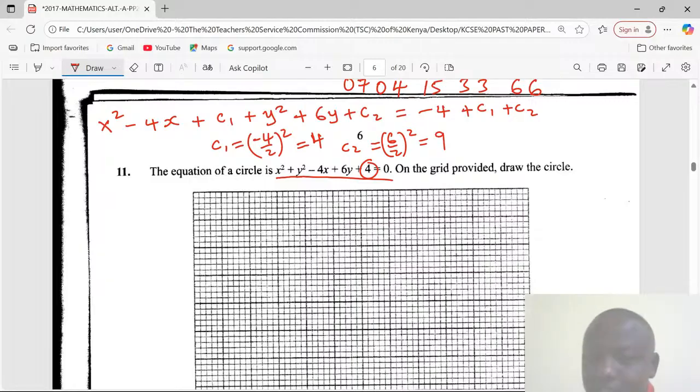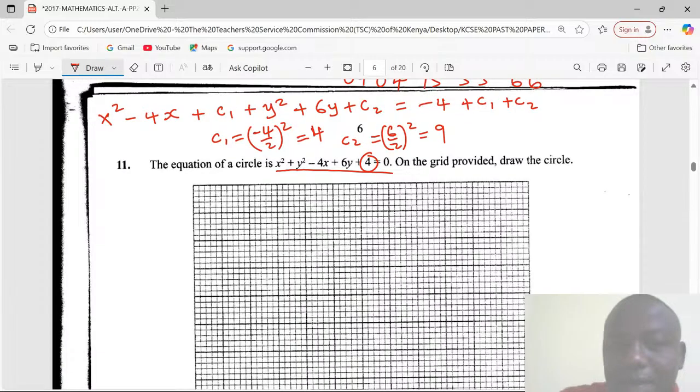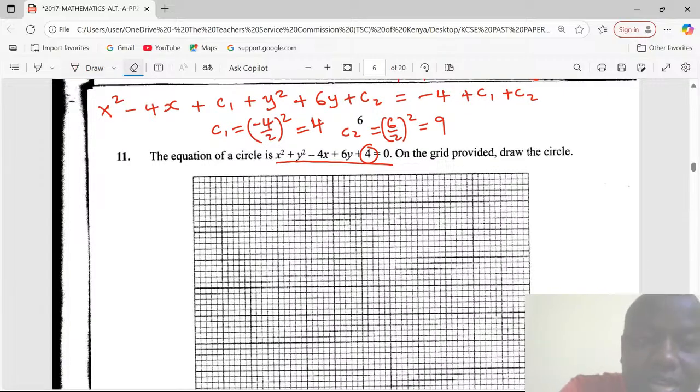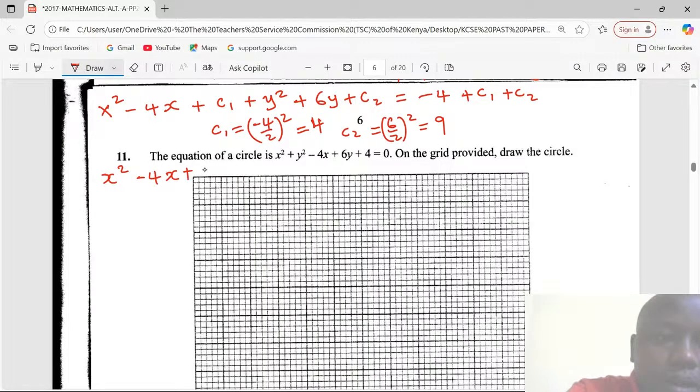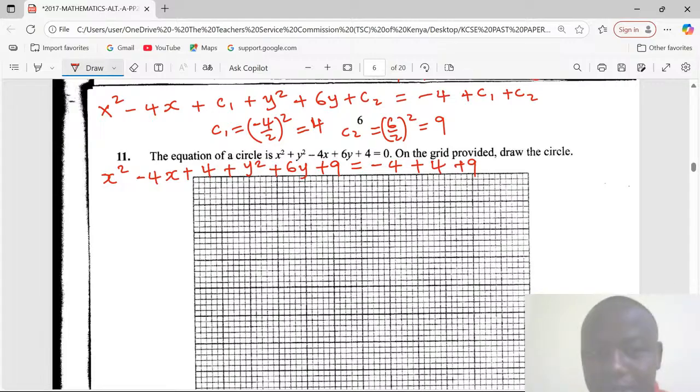So the first constant is 4, the second one is 9. With that, we can write our equation now. x squared minus 4x plus 4 plus y squared plus 6y plus 9 equals negative 4. We are adding 4 and 9 that way.